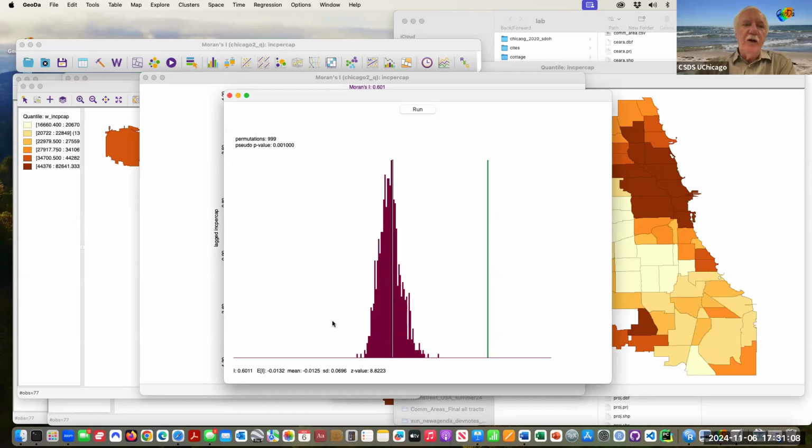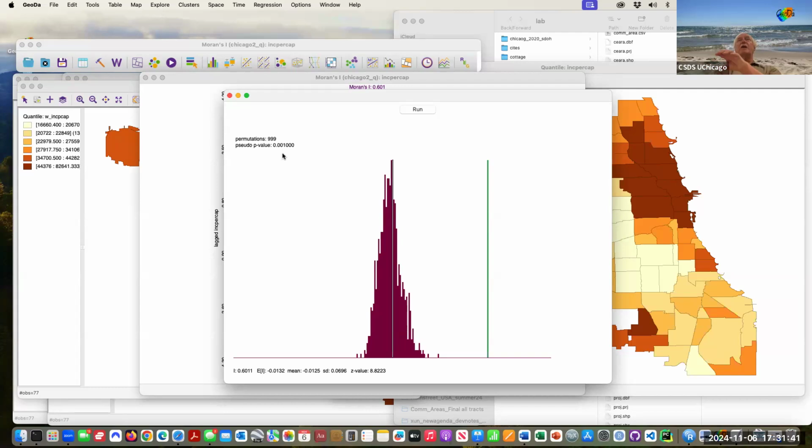What you can do here is actually quantify that by saying the chance that it comes out of a spatially random distribution is 1/1,000 or less. Now be careful, this is called a pseudo p-value. If you've taken stats before, you know about p-values. Those p-values come from analytics. A pseudo p-value comes from computation.